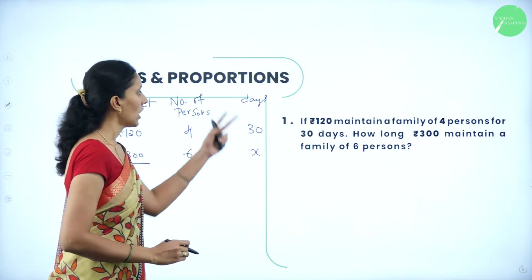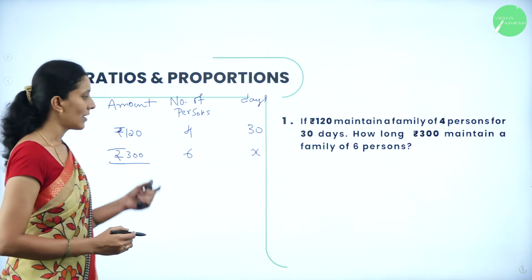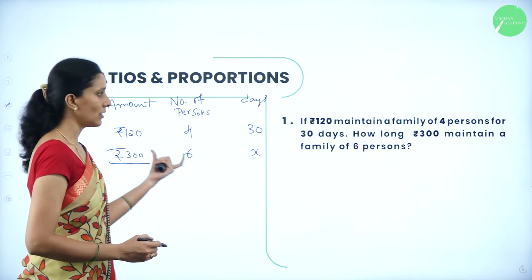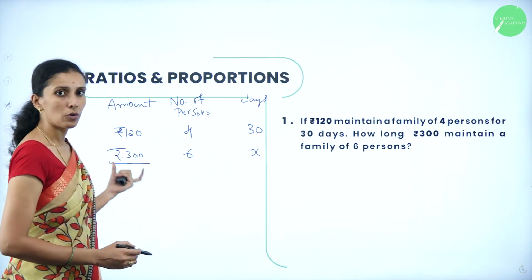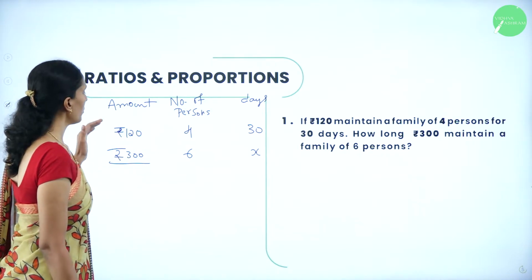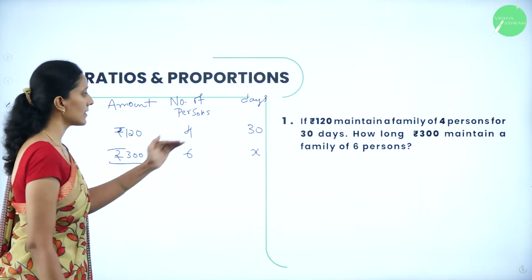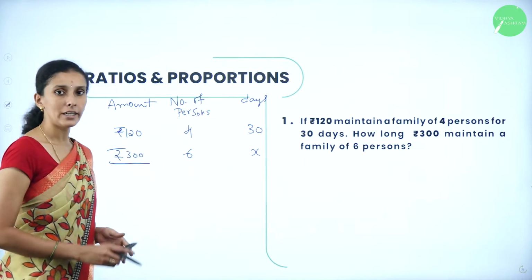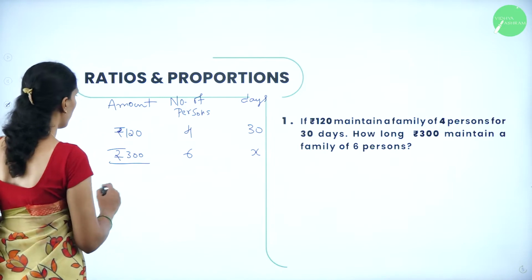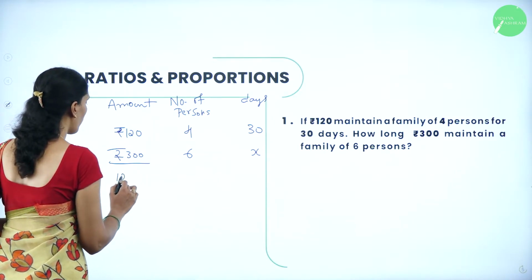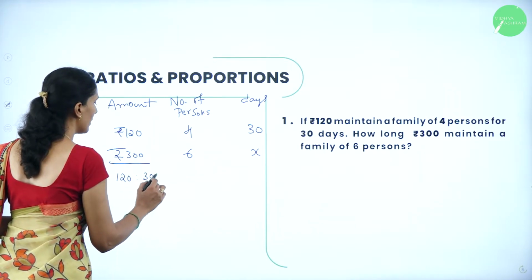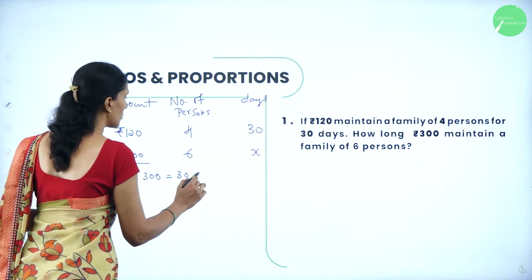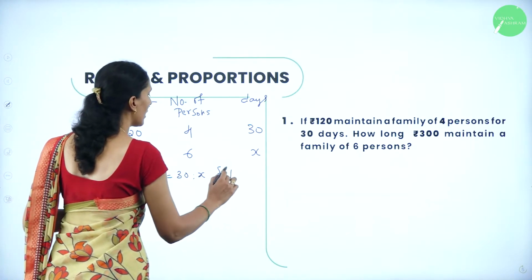So let's see the number of days required for 6 persons for the amount rupees 300. Here you can see as the amount increases, number of days also increases. That means amount and days are in direct proportion. So therefore, we can write 120 is to 300 is equal to 30 is to X. That is, they are in direct proportion.